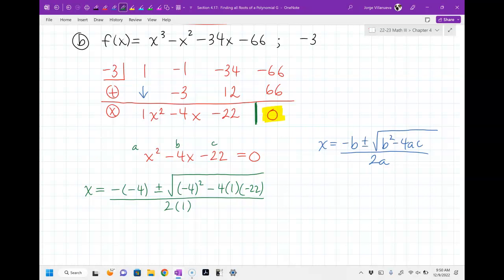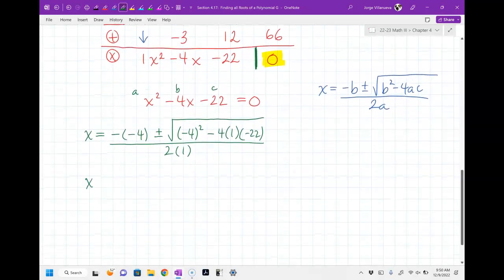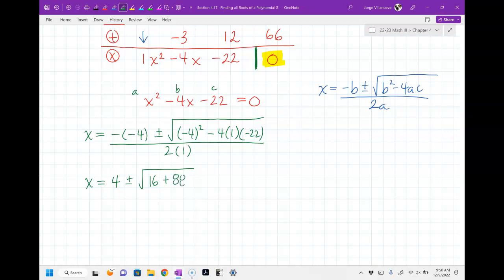Remember, be very careful when you're plugging in your numbers, because any little mix-up and your answers are going to be all messed up. Okay? So, all right. X is equal to 4 plus or minus the square root of 16 plus 88. That's right? Yeah, 88, and it's going to be positive, over 2.